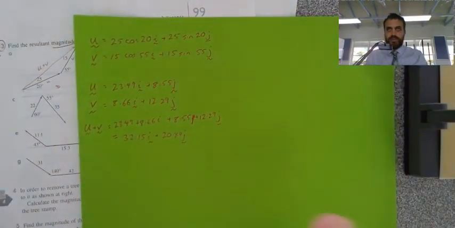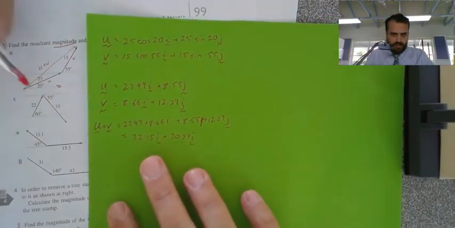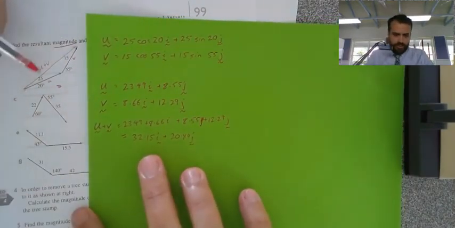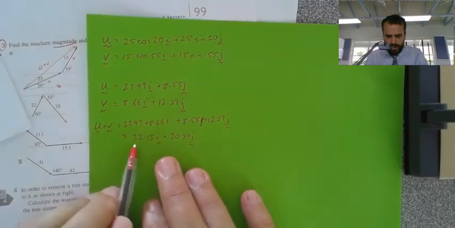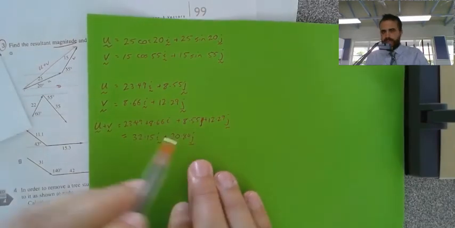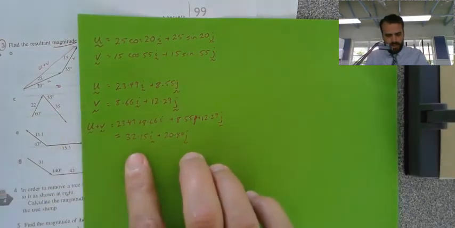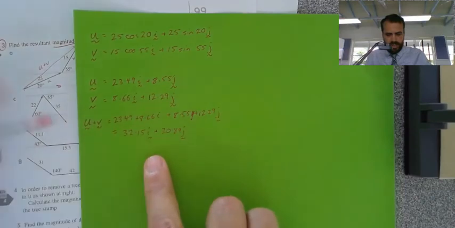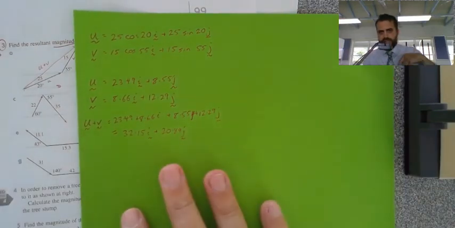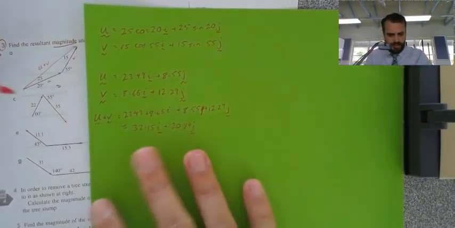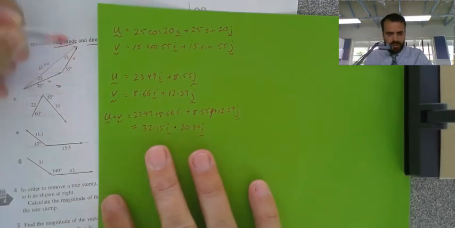Alright, this is pretty good so far because now we have this vector, u plus v, in component form. But we don't want it in component form. Instead, what we want is the magnitude and we want the direction. So, step by step, let's do one after the other. Now, this is really just an application of Pythagoras' theorem.